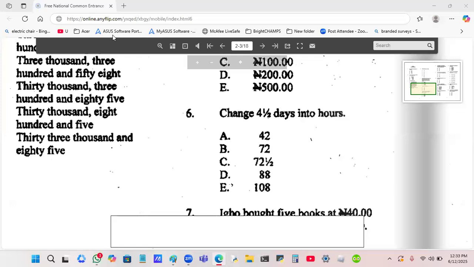We all know that a day is 24 hours. So just do 24 hours times 4. Okay. I'm writing it down.